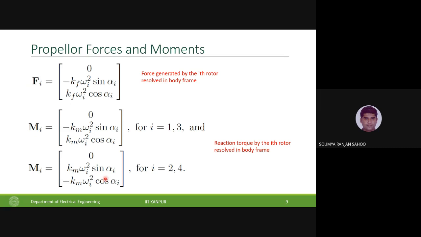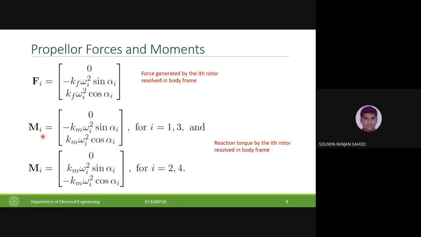This zero is coming because of the way we have resolved our frames in the x. We say that this is y and this is z. Now this force is because of the thrust generated. M is the moment, or the torque, that is generated because the propellers are rotating.